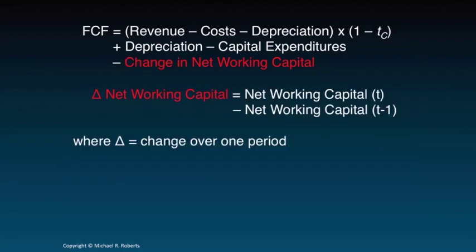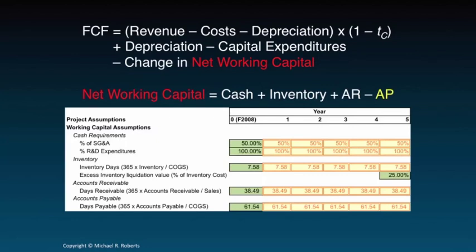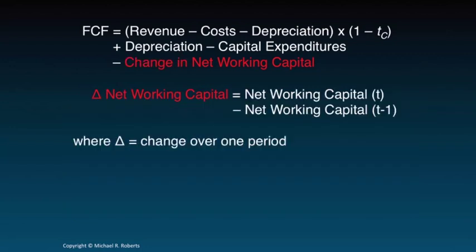Okay, so that's our working capital, but remember, what we want is the change in net working capital. While all of these forecasts here will get me my net working capital, what I'm going to want to look at in free cash flow is the year-on-year change from year T minus 1 to year T.